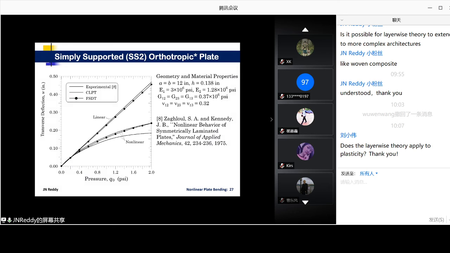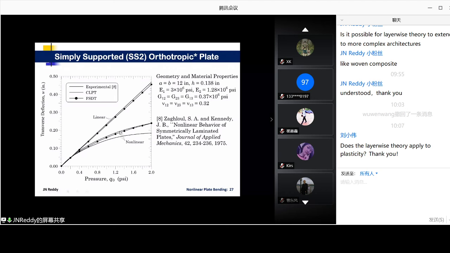But even if it is a thin plate, in the large deflection range, it can show the effect of shear deformation. You can see the linear solutions are here, whereas the nonlinear solutions are here. The one shown at the bottom is coming from the classical plate theory solution, whereas the dark symbols are coming from the first order shear deformation theory.